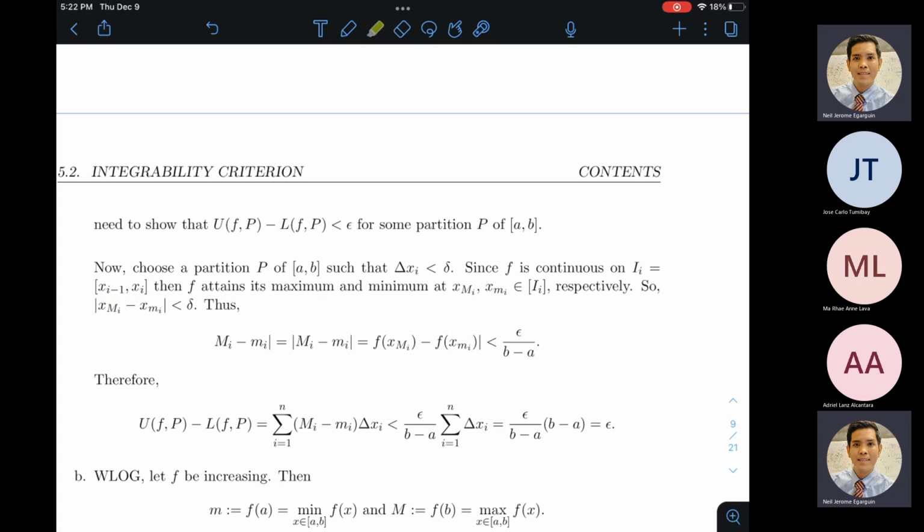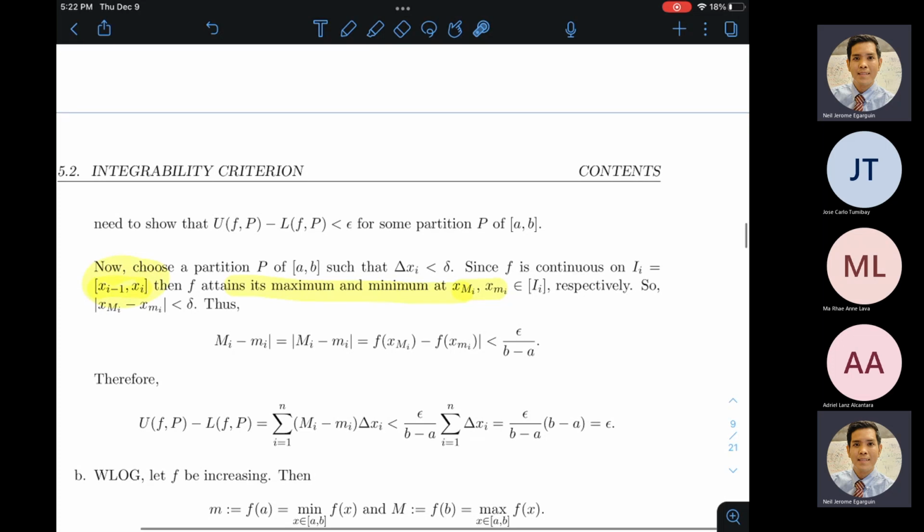Dahil continuous siya, ito ay isang compact set by Weierstrass's theorem, f attains its maximum and minimum, x sub capital Mi and x sub little mi respectively. Alright, so meron siyang maximum at minimum at na-attain siya ni function f sa dalawang numbers dito sa interval na to. Tawagin natin yung mga numbers na yon ay x sub capital Mi at saka x sub little mi.